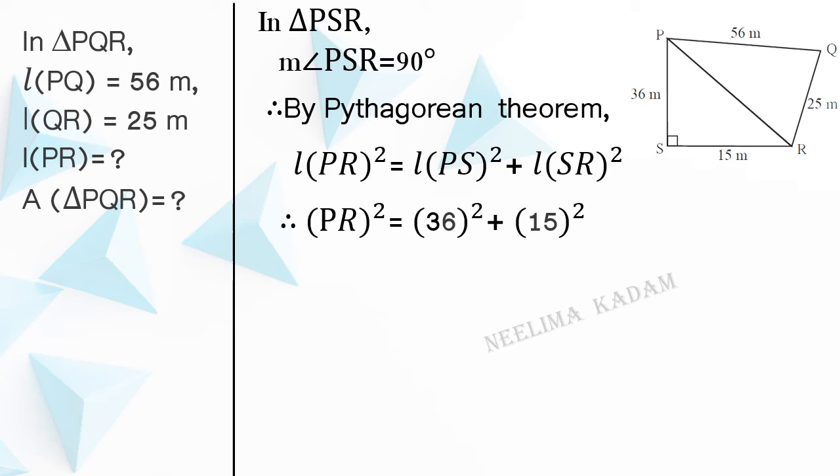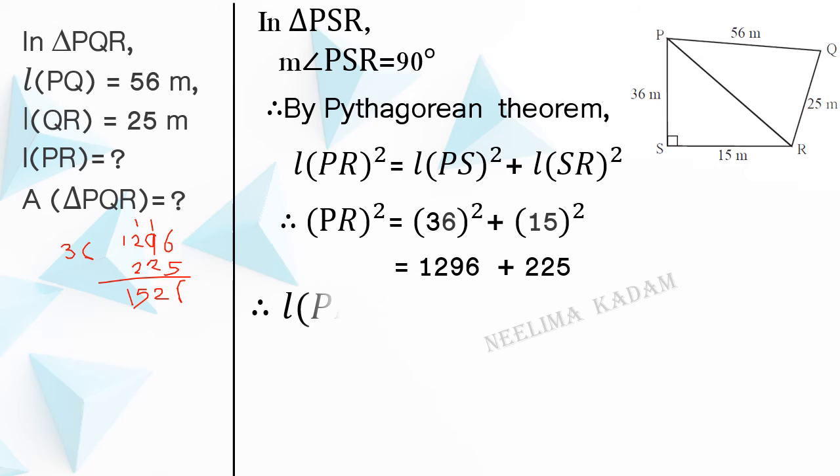Now 36 square, multiply 36 into 36. So we will get it as 1296, plus 15 square is 225. Adding this, 1296 plus 225: 6 plus 5 11, carry 1, 9 plus 1 10, plus 2 12, again carry 1, this is 2, 2 plus 1 3, 1, so 1521.